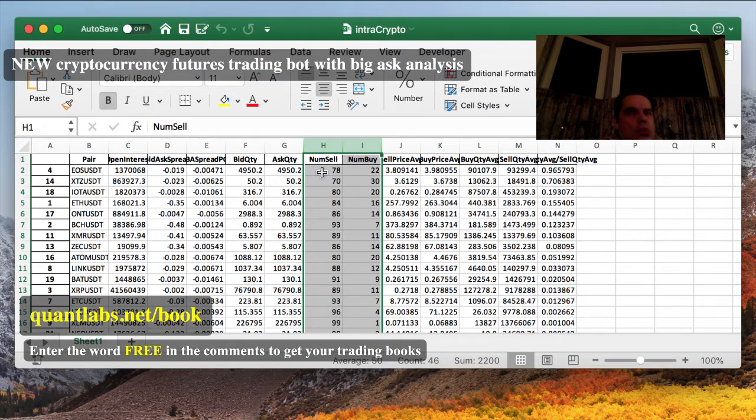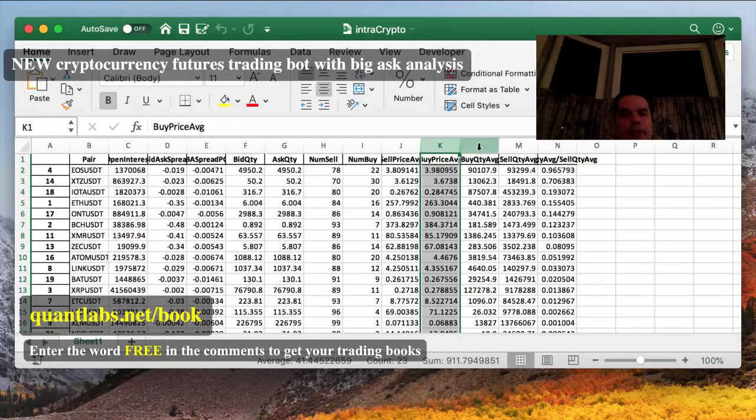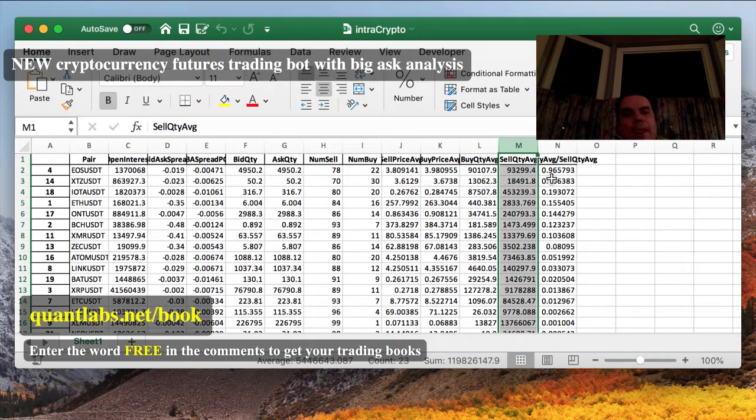You have better data to work with in what's actually being traded, and you can base that on the average sell price and buy price of those orders. Also, you can get buy quantity and sell quantity of what's being traded, okay? And that's really important, because a lot of the level 2 stuff will not give you that.